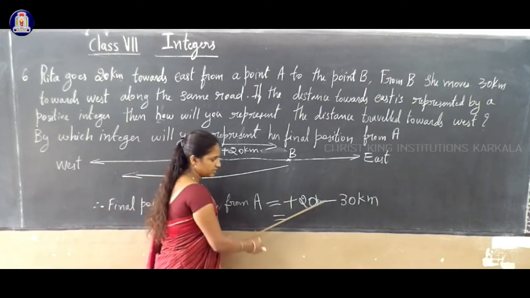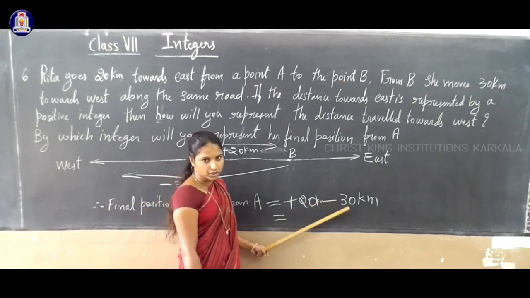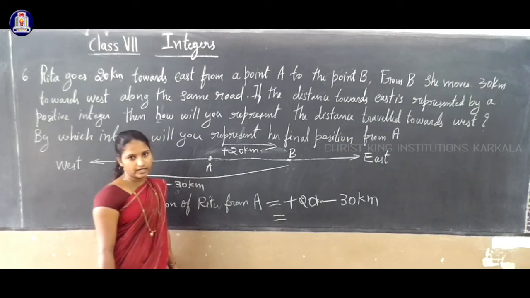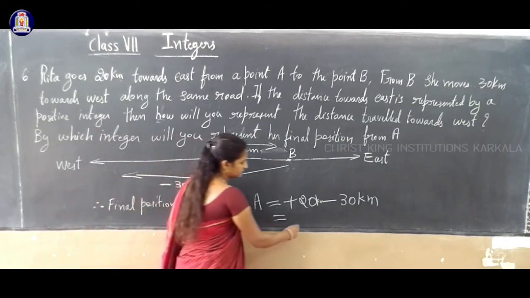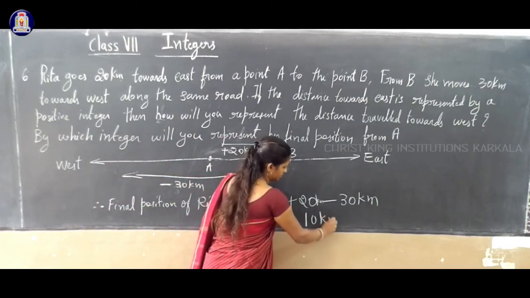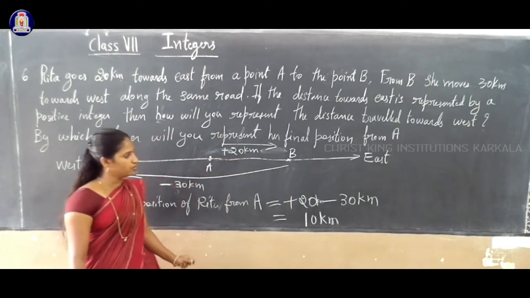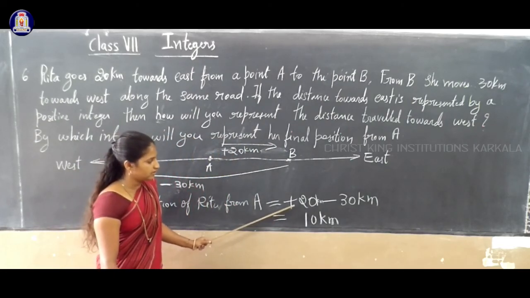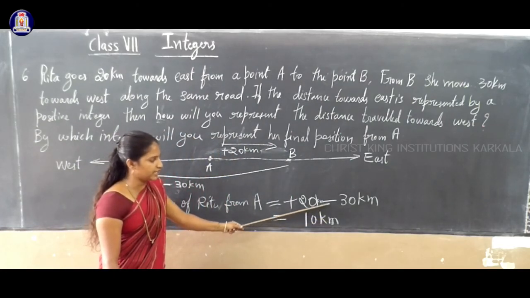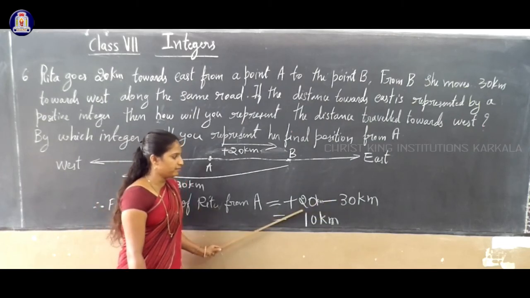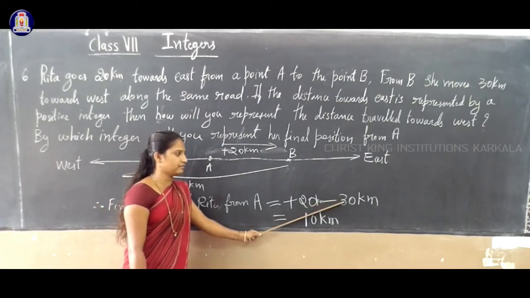See the sign, different sign, subtraction. So 30 minus 20. Answer is 10 kilometer. See the sign, minus 30 and plus 20. In this the greater number is 30. That sign is a minus. Clear?